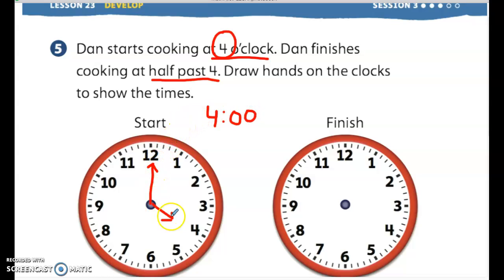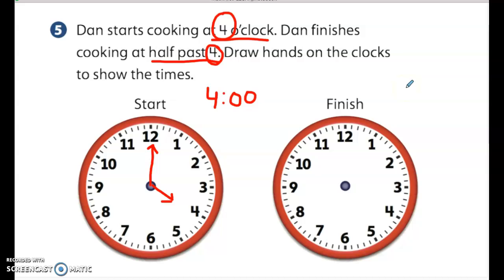That's showing 4 o'clock. Now, Dan finishes cooking at 4:30. So we're looking at the 4 again. But remember, what's 4:30? We might need to count by 5s. Let's try it. 5, 10, 15, 20, 25, 30. Remember, 30 is 4:30.